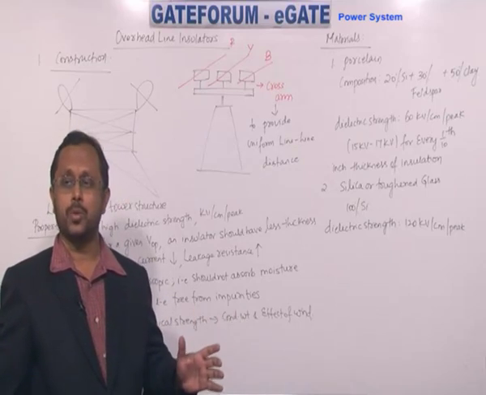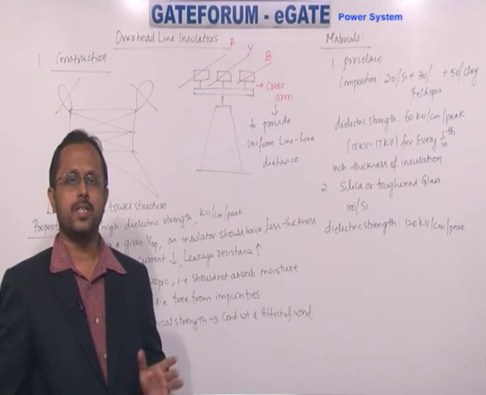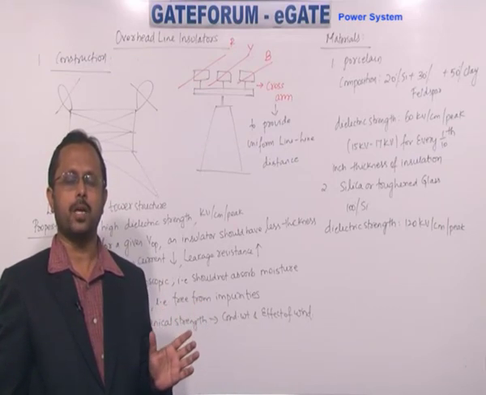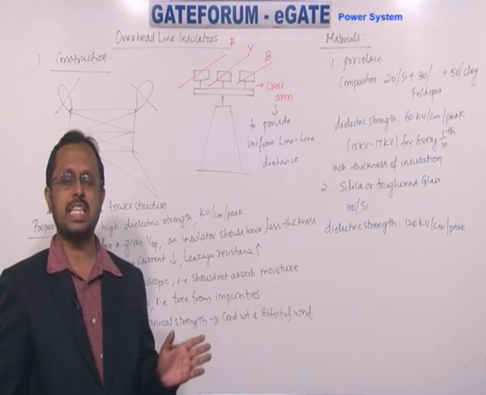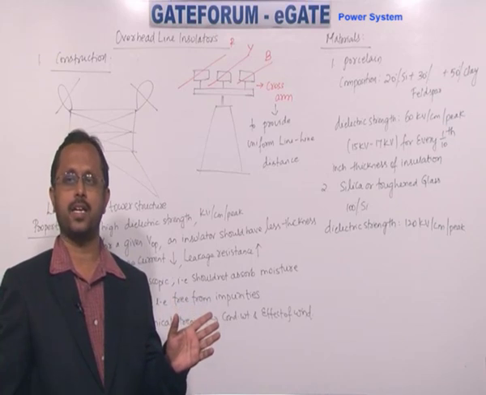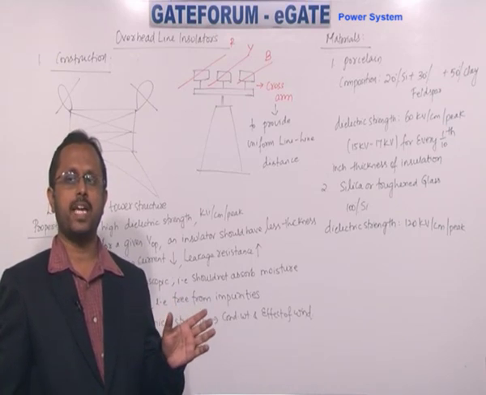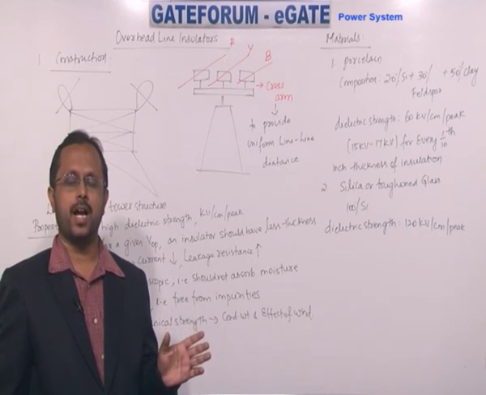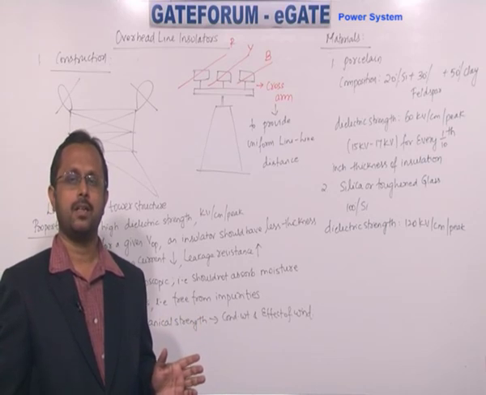Now, other than these two, we have three important points. Insulators for indoor substations are made of which material? They are made of synthetic resin. And insulators for EHV and UHV applications are made of which material?